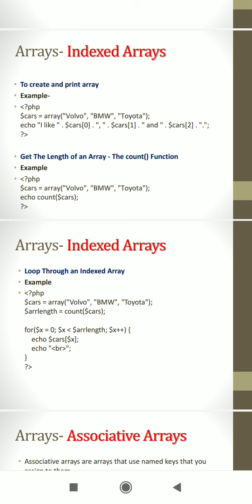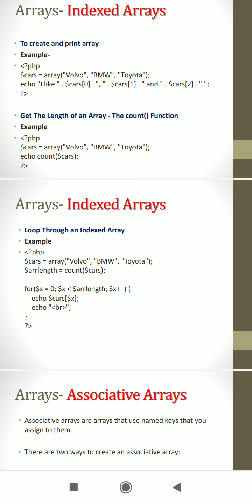Next line, the for loop. The for loop works similar to C programming, you know. First $x = 0, that is the initialization. Then $x < $arrayLength, that is the condition. And next $x++, which is the increment operator.